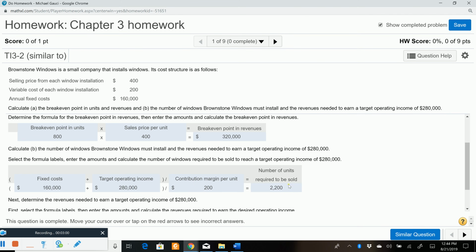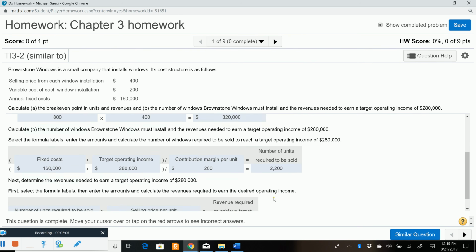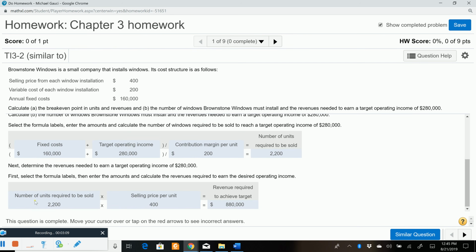We will get the number of units required to be sold at our target profit point. All right, so that's all you simply have to do. And take that new number, 2,200, and multiply it by the sales price, and that is the revenue that you would need to obtain in order to get a target profit, in this case, $280,000.